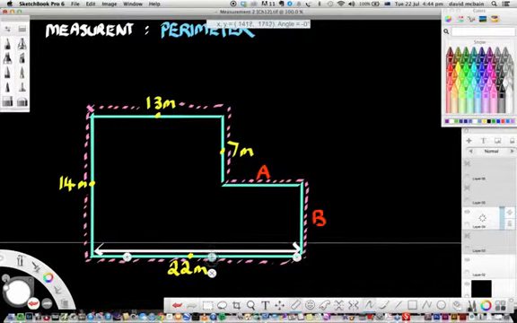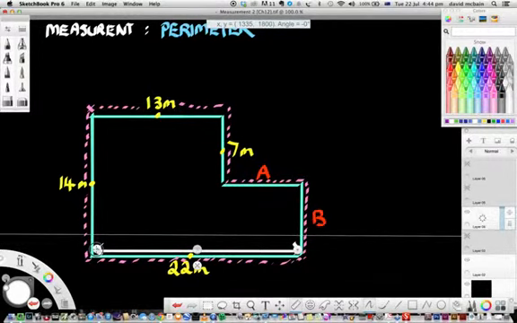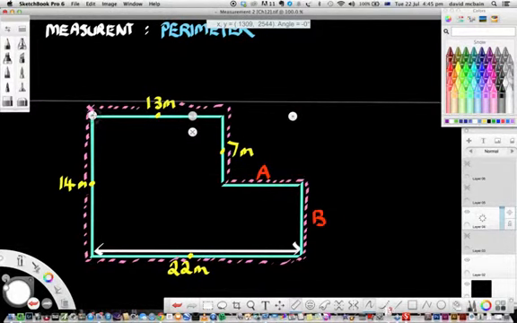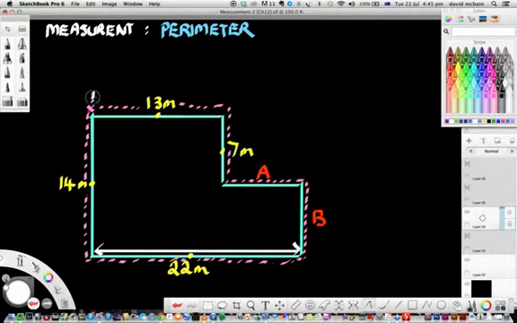Now, you might notice that from there to there, I'll just move that dot, so that distance from there to there is the same distance as from here to here. So from here, I'll try that again, from here to here, that's also 22 metres.